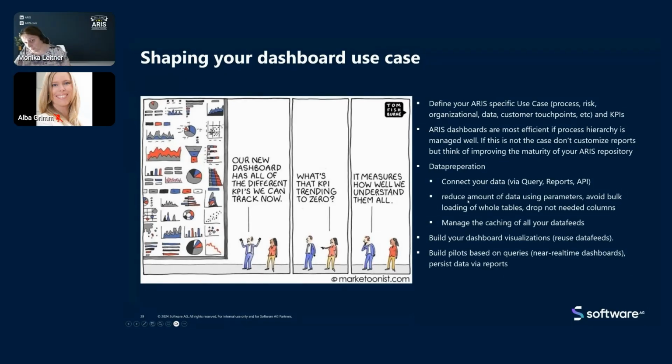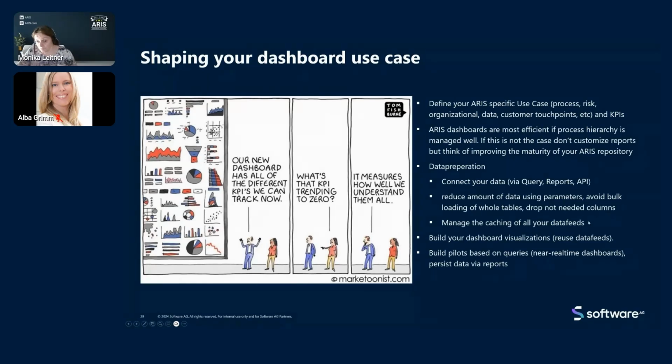You can reduce the amount of data using parameters. You should avoid bulk loading of whole tables. So I see a lot of use cases where Excel sheets were used with all the formatting header and something like that, and we just changed to CSV files and the dashboard was speeded up, and dropped not needed columns wherever you can. If you're reusing data feeds and manage the caching of your old data feeds, you will not get any performance issue.